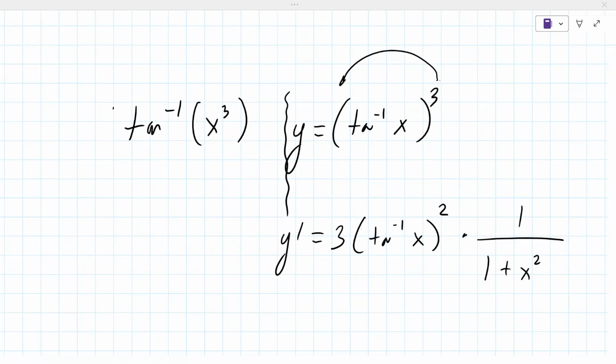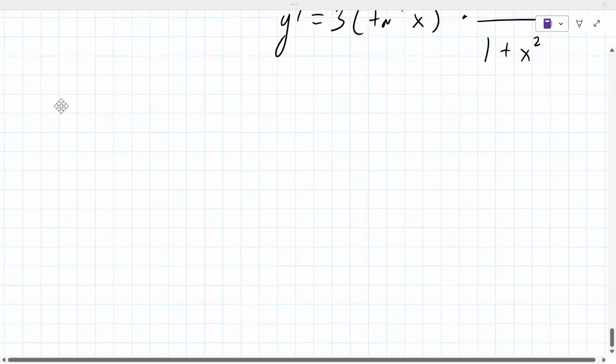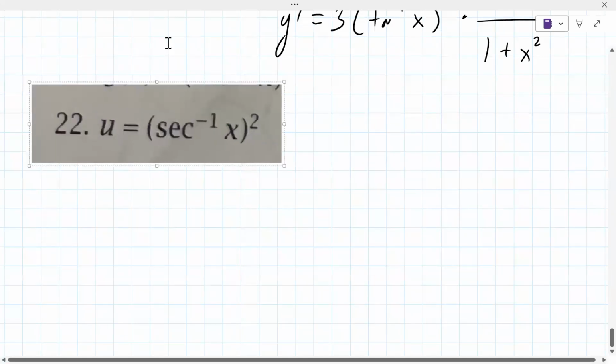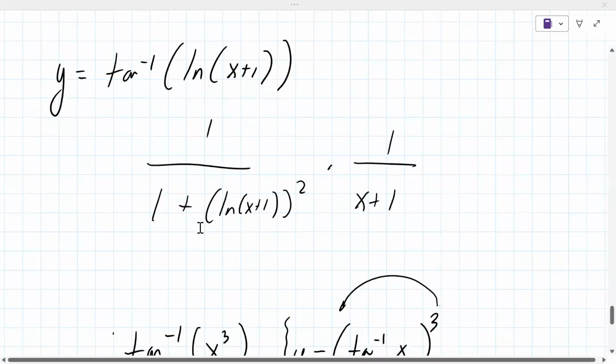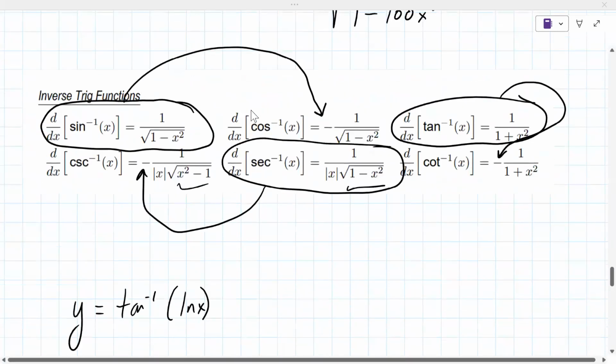22 here? I'll snip that, and you'll need to grab the secant inverse formula up above, or I can grab it for you. The arc secant of x, yeah, that one. Okay, so I put that up here. Let me go grab it.